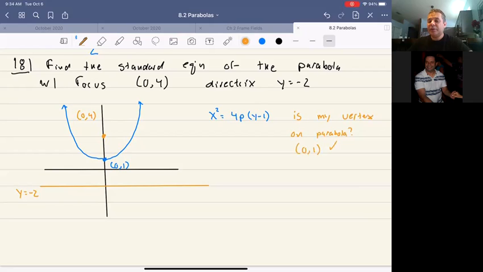Now what is p? p is again this distance, the distance from the vertex to the focus and the directrix.